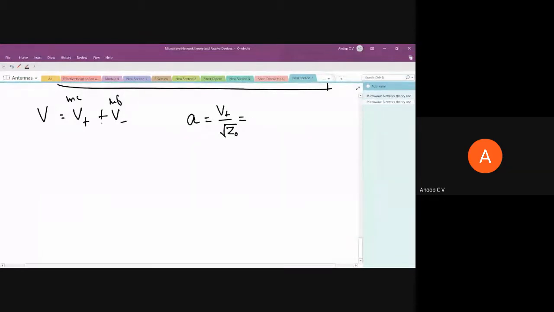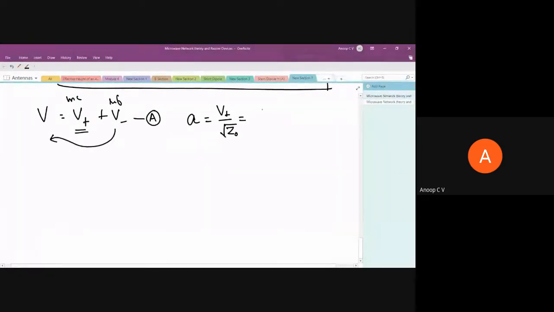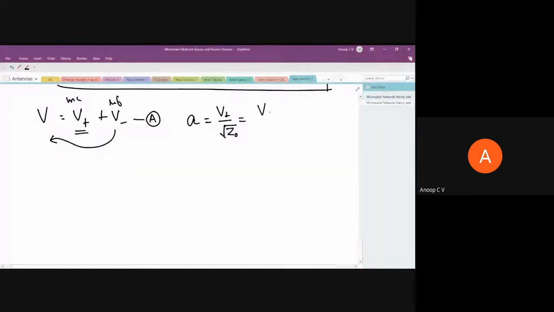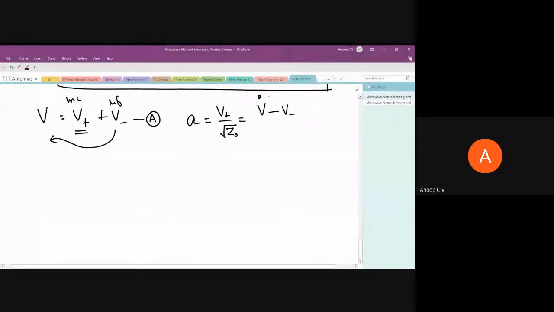So if I call it equation number A, what will be V plus? You have to take V minus there, right? So it will be V, the actual voltage, minus V minus. This is the actual voltage, right?